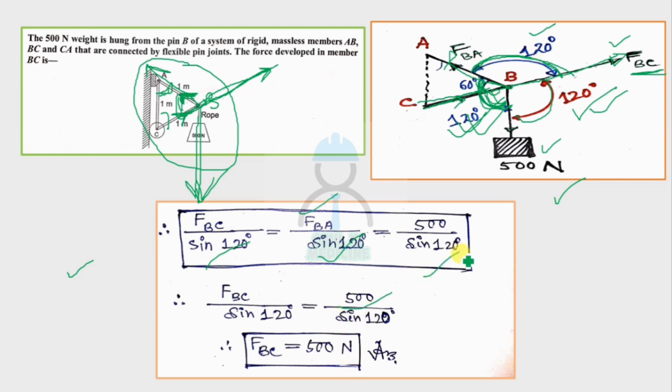As per the question, I have to find the force in member BC, therefore we can equate this to this. If we had to find FBA, then we would use FBA over sine 120 degree equal to this. But in this case, we only have to find the force in member BC. So this is a very easy calculation.